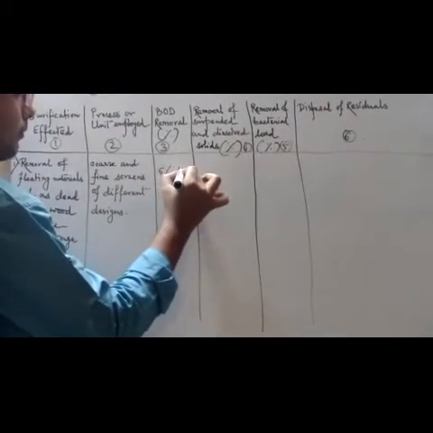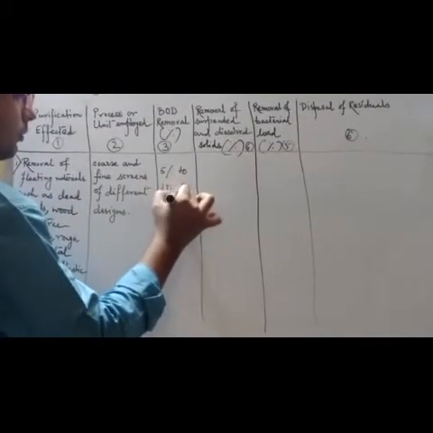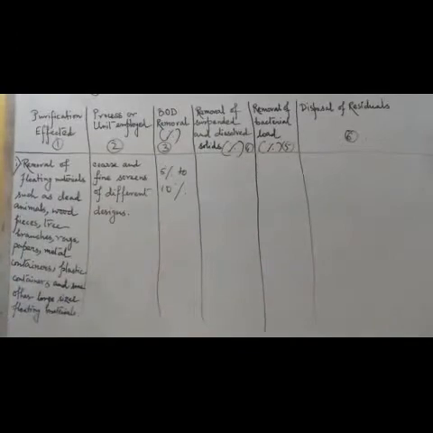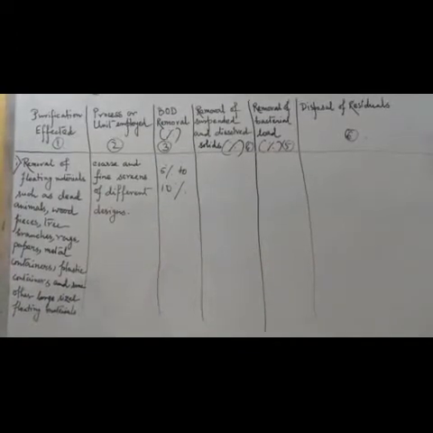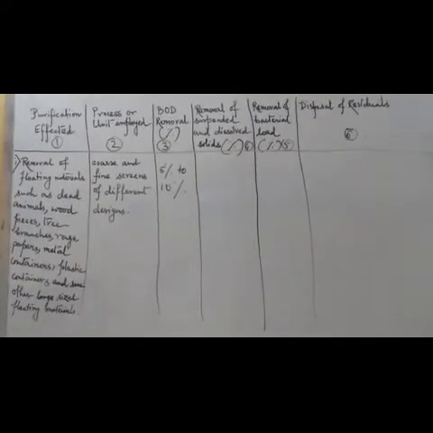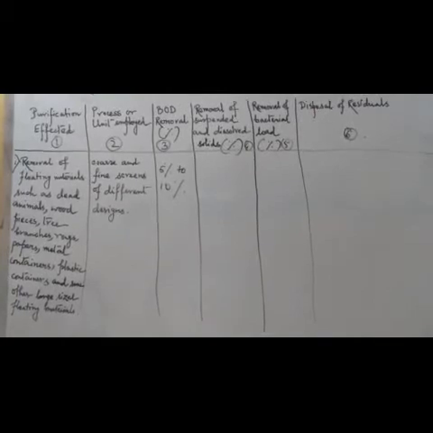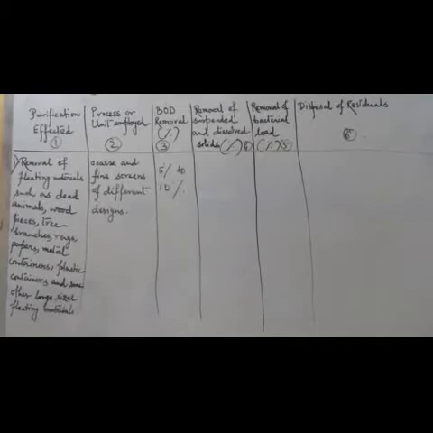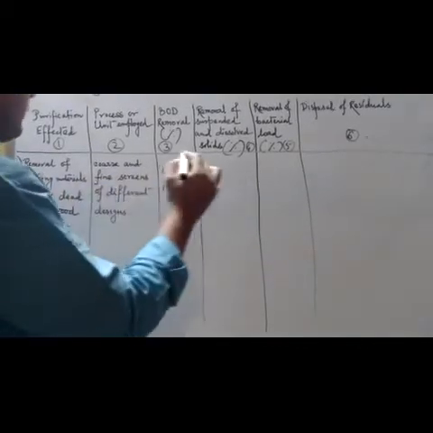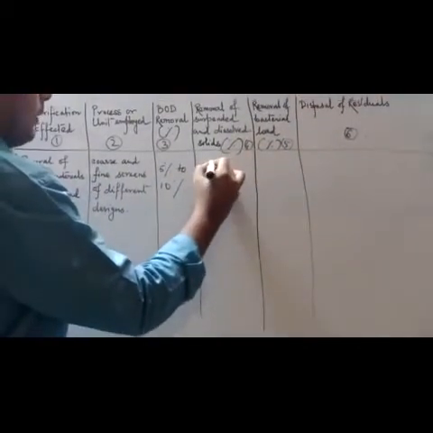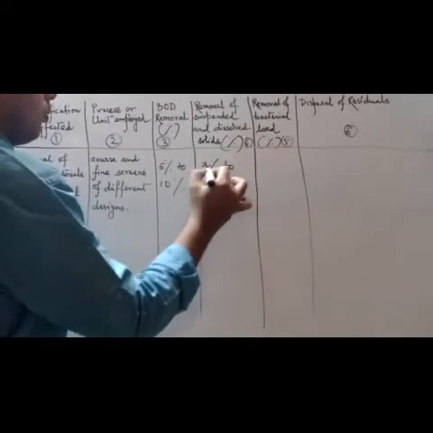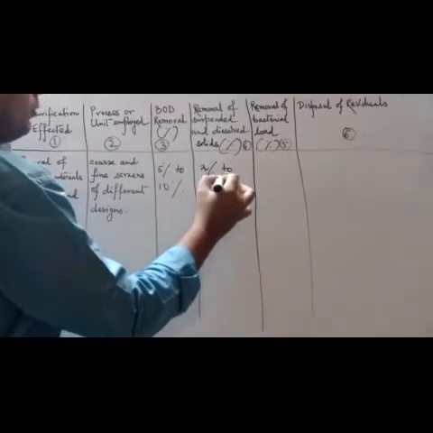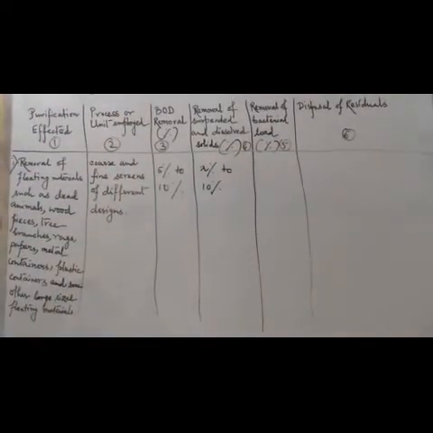So 5% to 10% BOD can be removed by this process, and 2% to 10% suspended and dissolved solids can be removed by this primary treatment process.